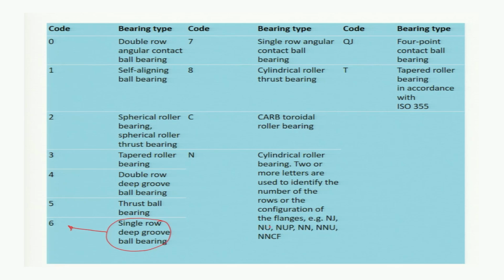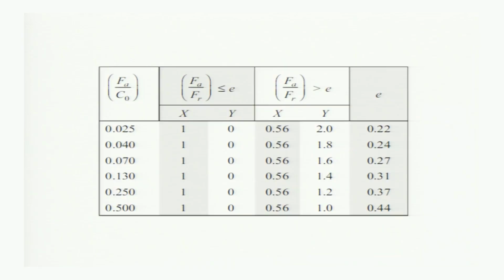So, if the code of the bearing starts with the number 6, then it means it is a single row deep groove ball bearing, and the code is different for different types of bearings, which can be seen in this table. This is the table from where we get the value of X and Y depending on Fa upon C0 and the value of e, and this e is the Fa upon Fr.